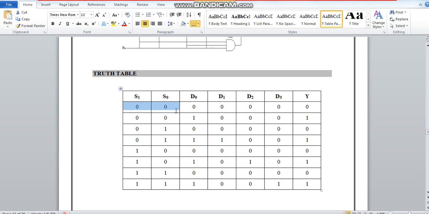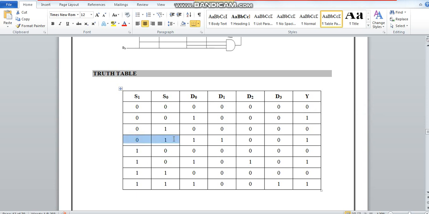When 0, 0 is present, the data in the first input pin is transferred to your output.